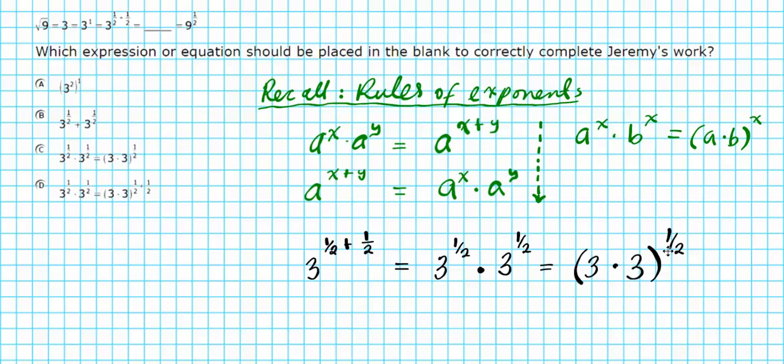If you have the power of a product, you can distribute the powers to the factors, but going backwards, you can factor out the powers from the product as long as the powers are identical, as in the case here, x and x, and 1/2, 1/2. So these two lines are the lines that Jeremy would use to complete the missing part of his work.